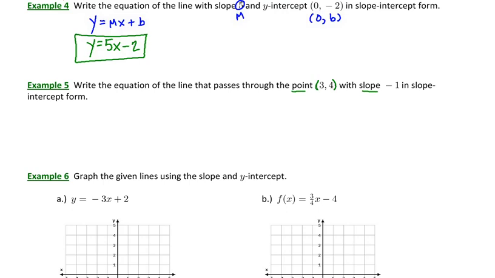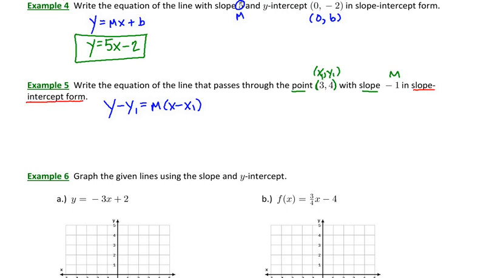So we're going to begin with what we learned previously, y minus y1 equals m times (x minus x1). And we can recognize (3, 4) is (x1, y1), and our slope m is negative 1.